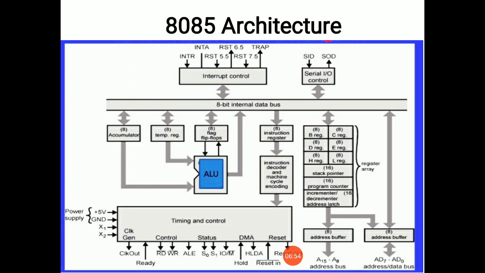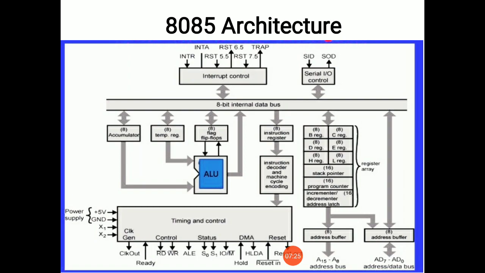Now the microprocessor accesses that program, which is stored in the memory, through the address and data bus. So when the microprocessor wants to access that program, it sends a 16-bit address. The address is of 16 bits because the memory where the program is stored, each memory location has an address, and that address is of 16 bits.